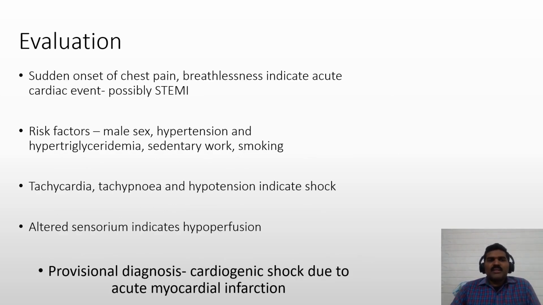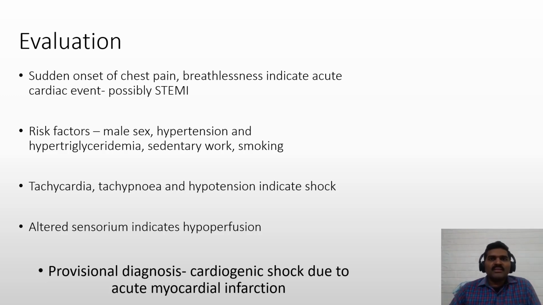So, the patient has presented to you with sudden onset of chest pain and breathlessness, which indicate an acute cardiac event, most probably a STEMI. So, what are the risk factors for this patient to have a STEMI? Risk factors include being male, as males are prone to myocardial infarction.